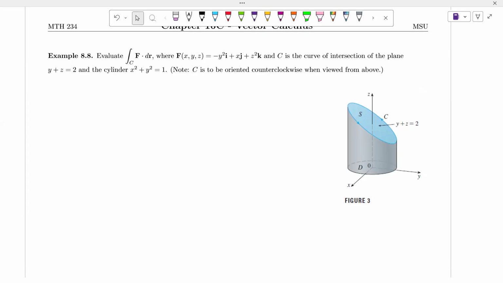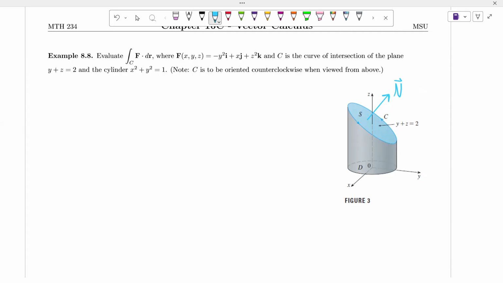So if we view that curve counterclockwise from above, and we just pick the nice looking surface S right there, our normal vector should point in the upward direction. Right? It does not mean that our normal vector will point straight up, just that it will point upward.